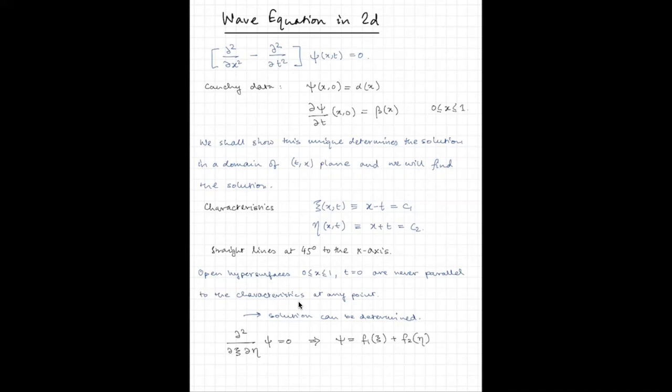And the Cauchy data would essentially imply the following: at t equal to 0, psi is equal to f1 of x plus f2 of x is equal to alpha of x, and also del psi del t at x, 0 is equal to minus f1 primed of x plus f2 primed of x is equal to some beta of x.